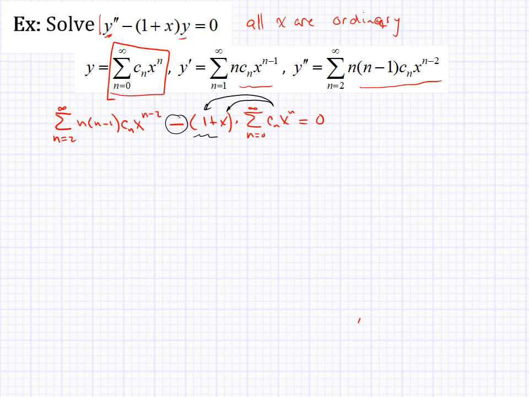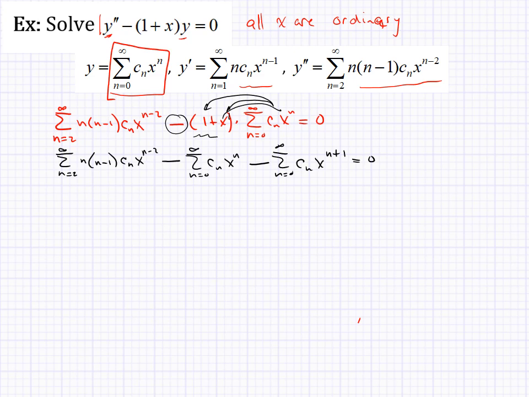So what we'll get is the sum of n equals 2 to infinity of n minus 1 c sub n x to the n minus 2, minus this times 1, so the sum of n equals 0 to infinity of c sub n x to the n, minus the sum of n equals 0 to infinity times the x. So if the x goes in, we get c sub n x to the n plus 1, because we have x to the n, x to the first, and that equals 0.